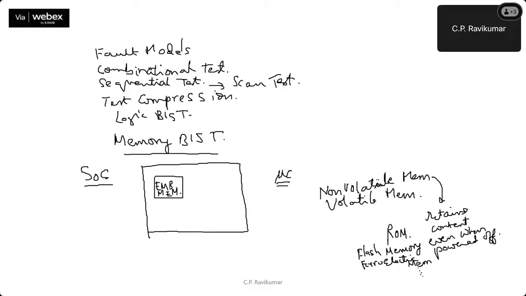There are many such things, but I think the most popular ones are flash memories and ROMs, and there are also PROMs, or electrically programmable read-only memories. So you may have a ROM, then flash memory.